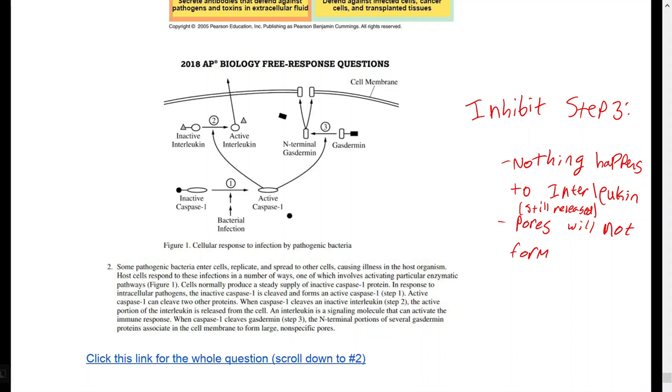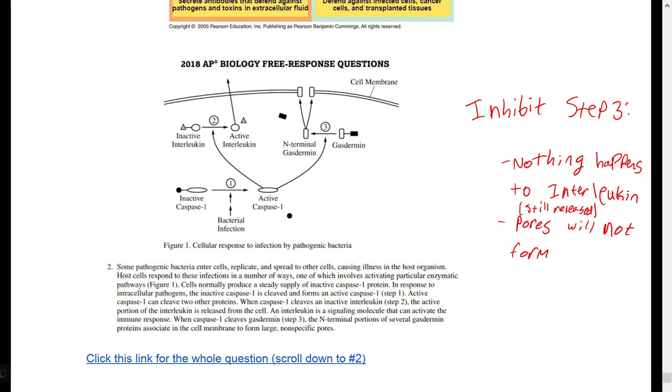Okay, so what we're doing is breaking this inactive caspase-1 apart to make an active caspase-1, right? And so what is that going to do? Well, think about this as a protein. Think about if you get rid of something, how that could activate a protein. Well, we know that there are things called inhibitors, right?